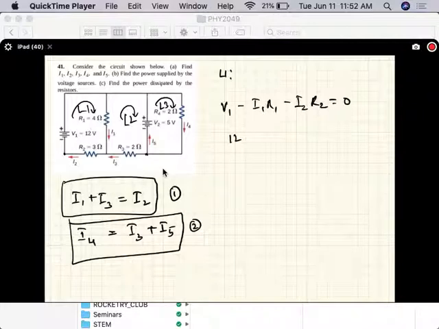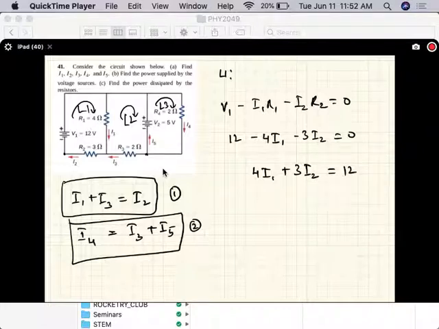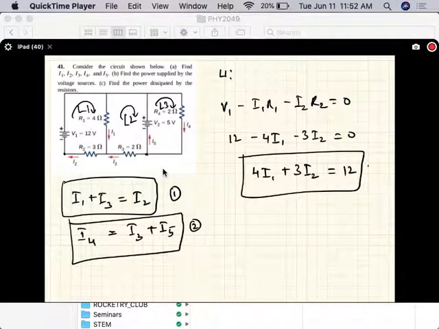That's 12 volts minus 4 I1 minus 3 I2 equal to 0. There's equation 3.